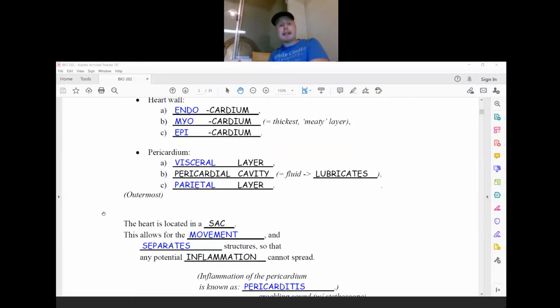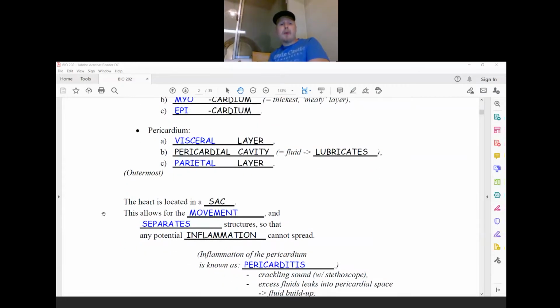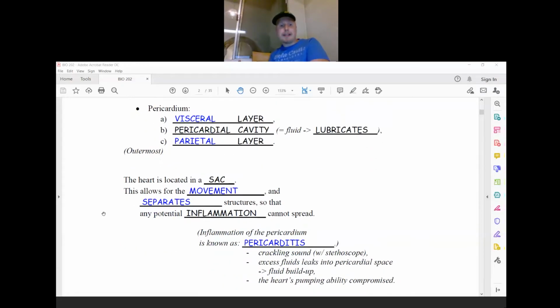So there must be a reason why the heart is within this sac. Well, it does allow the structures of the sac to slide past each other. But there's a bigger purpose why we enclose the heart within the sac.